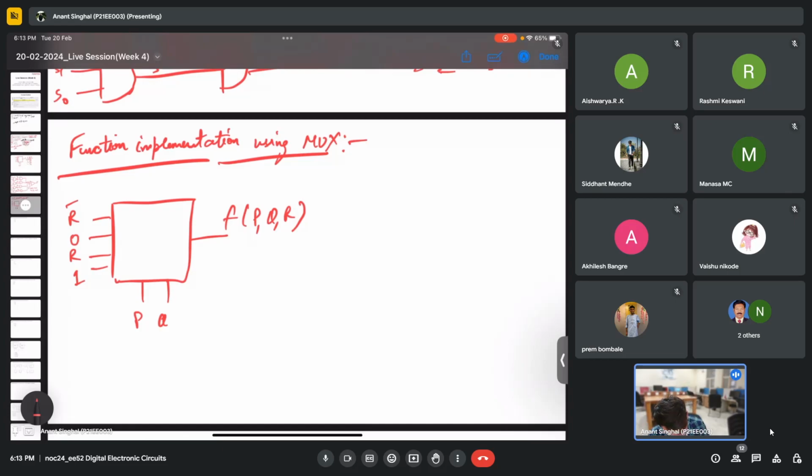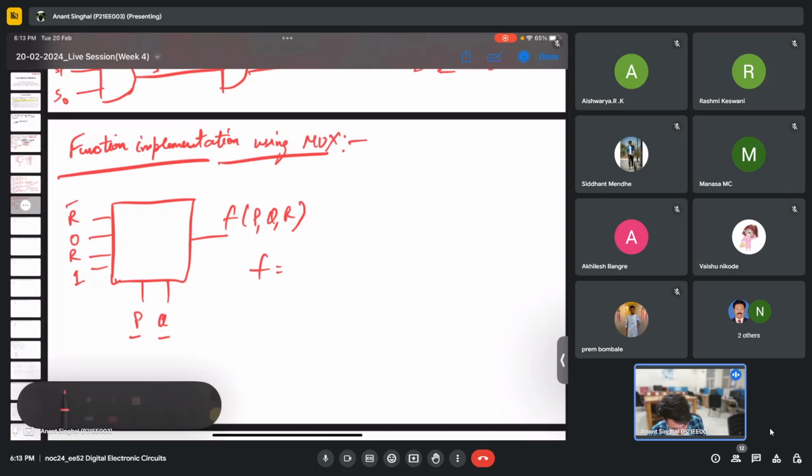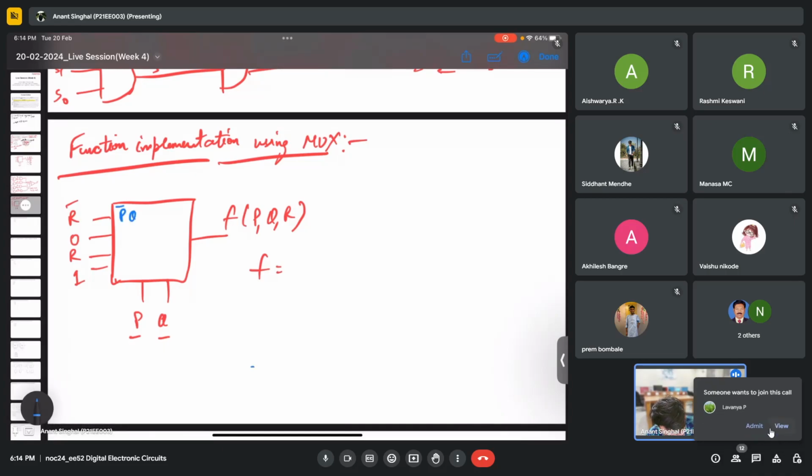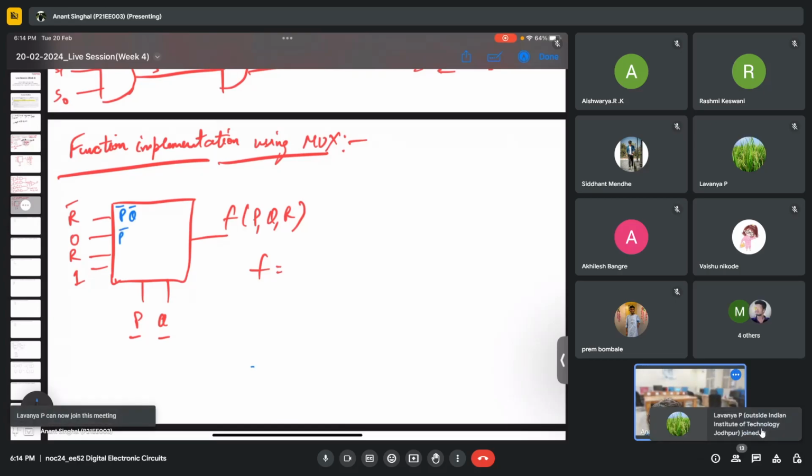As I have told you already, how does it work? It has four select combinations. For the first part it will be 0 0, that is p bar q bar. For the second part it will be p bar q, that is 0 1, then p q bar, that is 1 0, and for the last it will be pq.